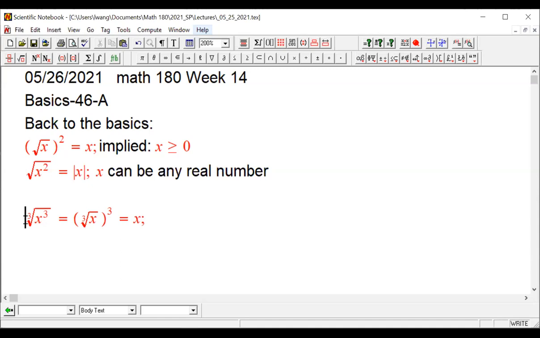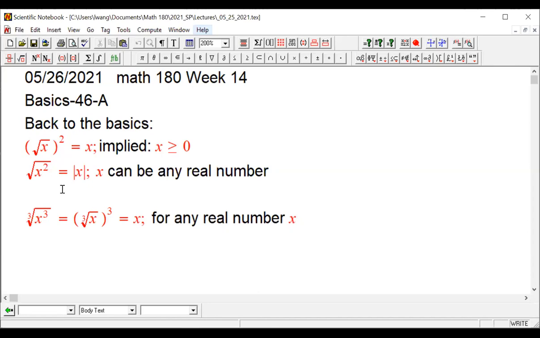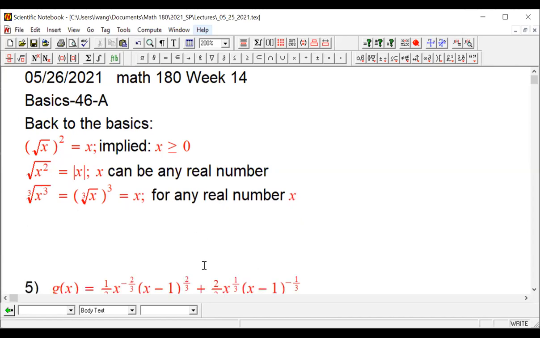Positive, negative, you can try them. This will work all the time for any real number x.